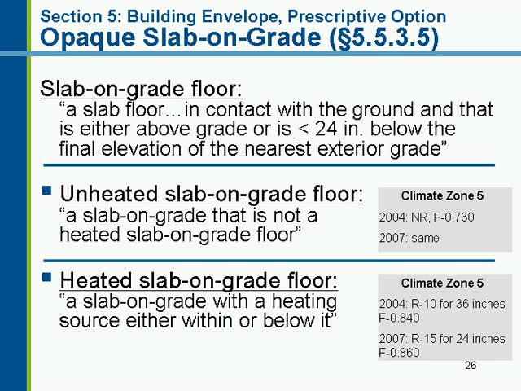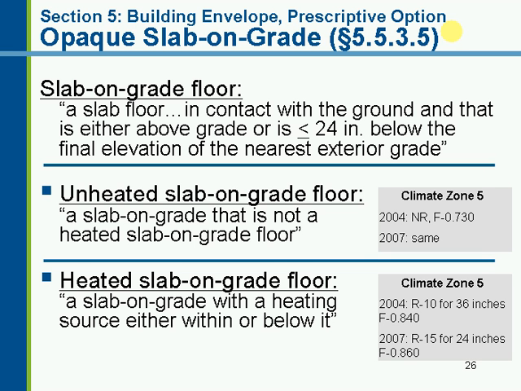Now there are two types of slab-on-grade floors. This is in Section 5.5.3.5. So a slab floor is one that's in contact with the ground, and it's either above grade or not more than 24 inches, 2 feet, below the nearest exterior grade. If it's more than 2 feet below, then it's considered a basement, and there are no specific insulation requirements for basement floors.